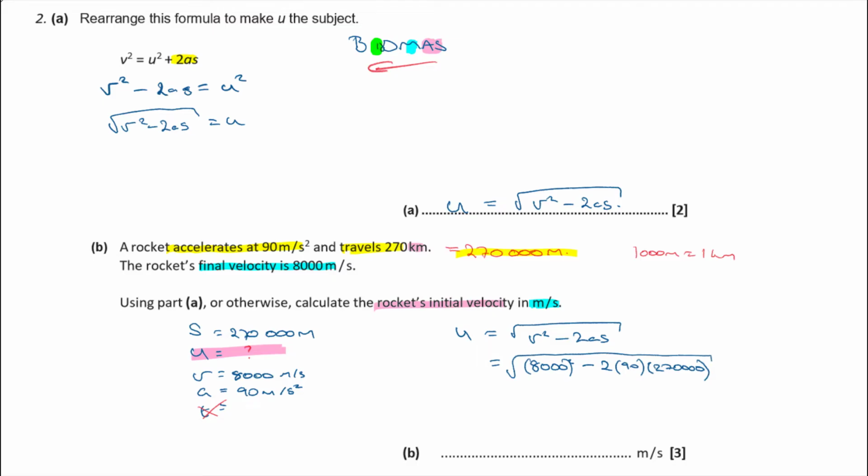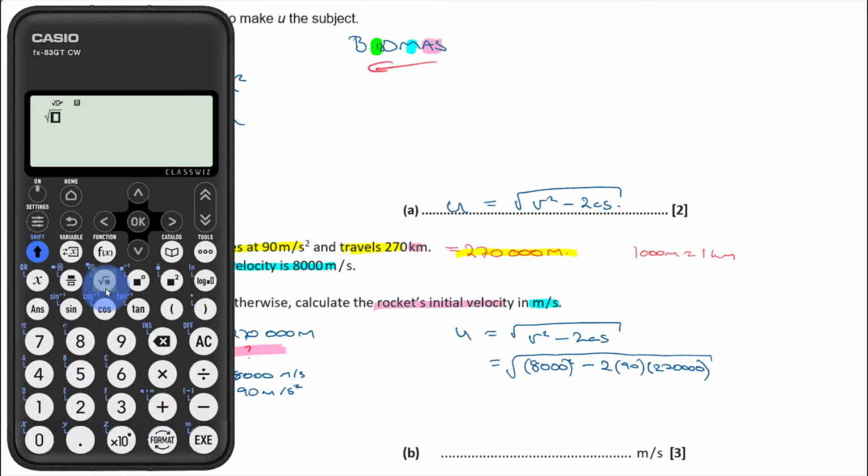Okay, so time to tap that into the calculator. Thankfully this is the calculator paper. Right, so I'm going to press the square root symbol first, and then I'm going to type in the 8,000 squared, and I'm going to minus 2 times 90 times 270,000.